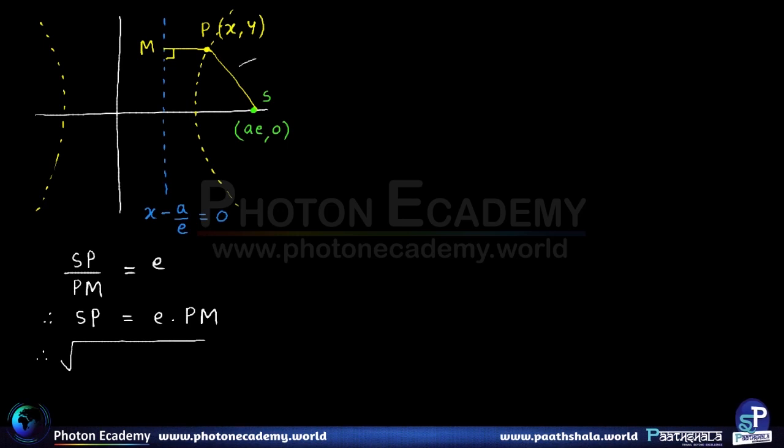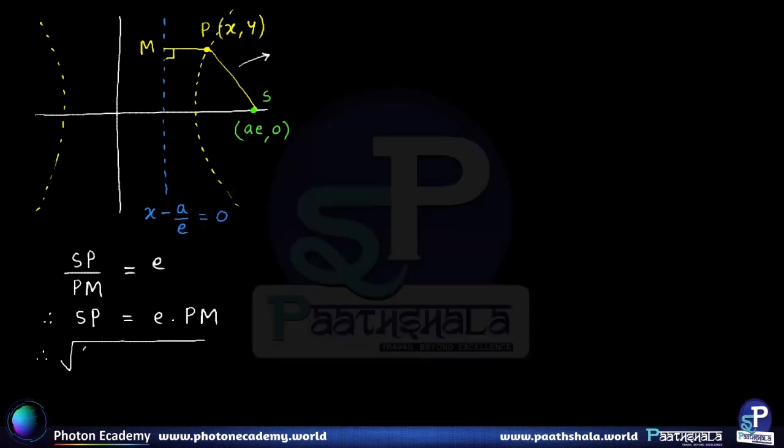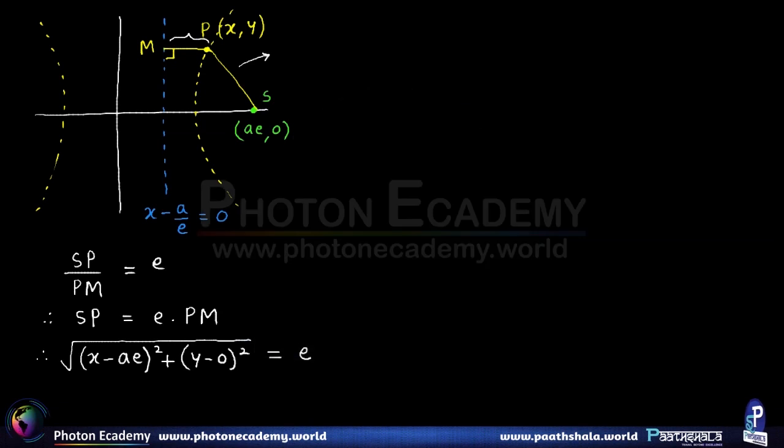So it's the distance SP, so that turns out to be the square root of x minus AE the whole square plus y minus 0 the whole square, and everything inside the root. That is equal to E times. Now the distance PM can be written with the help of the formula for distance of a point from a line. So we write that formula, we have the x term, there is no y term.